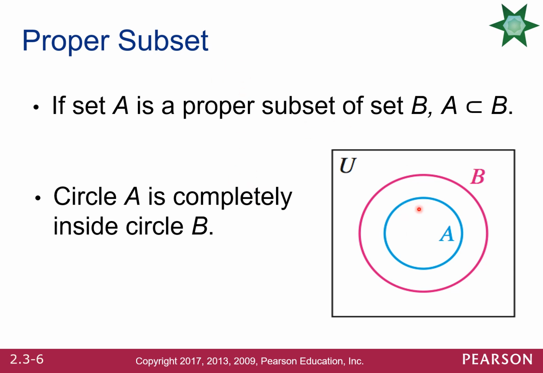So the graphical representation in the form of Venn diagrams should look like two concentric circles. The smaller circle is the proper subset of the larger circle that encompasses it. All right, so circle A is completely inside circle B. In that case, A is a proper subset of B in Venn diagram representation.